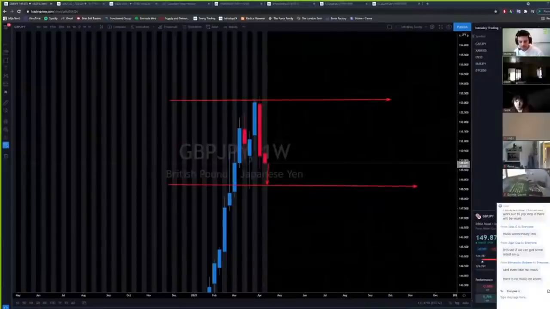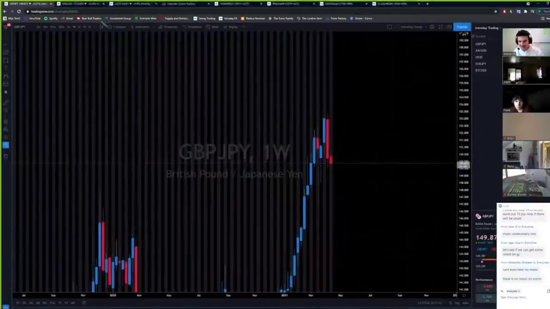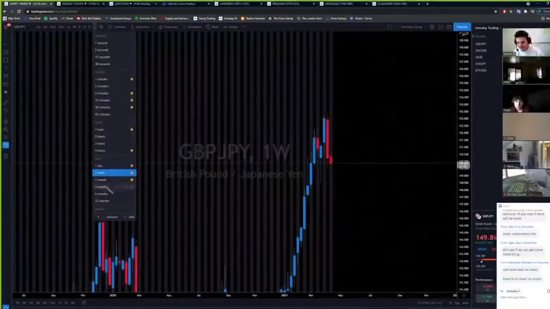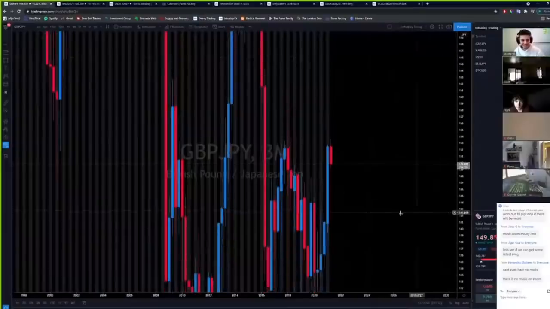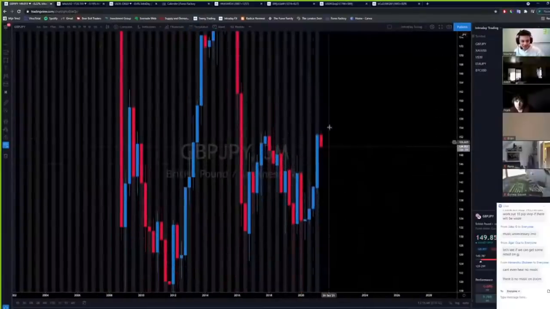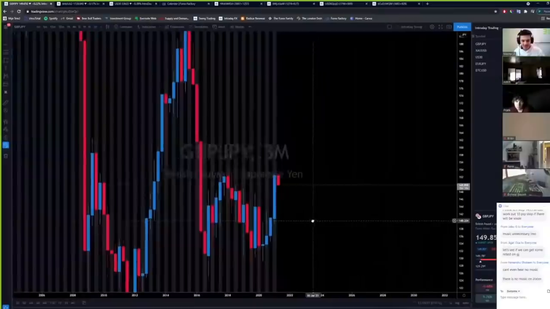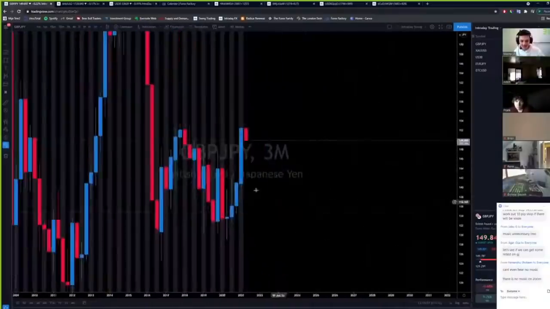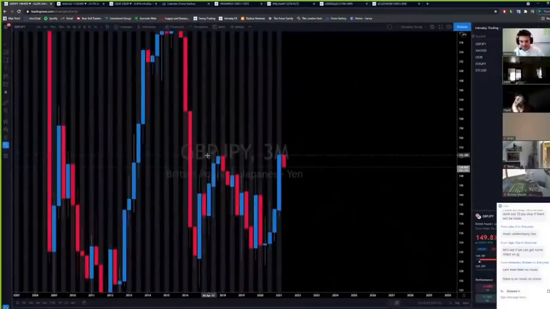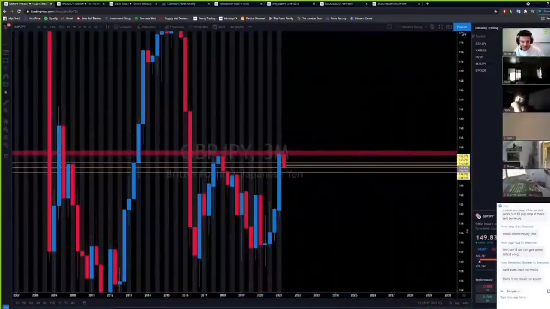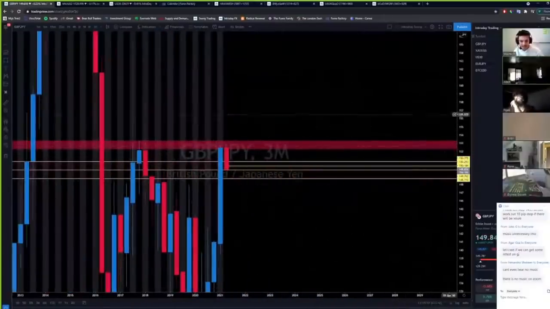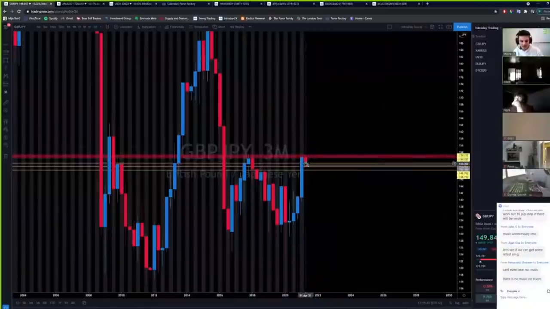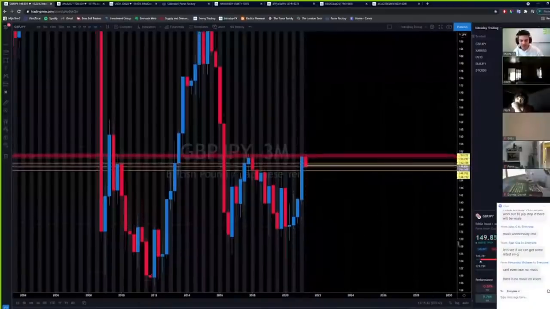But I'm going to show you guys something really cool here, something you probably haven't seen yet, and this is called a 3-month chart. So you can get some ideas of what the market can do. Based on the 3 months, we're at a 3-month resistance. That's why price is finally rejecting after going bullish for so many weeks.